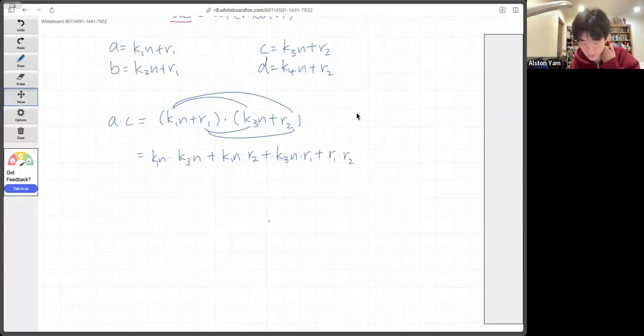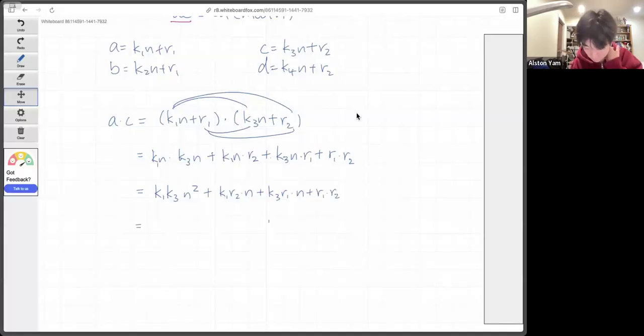That's just me expanding these brackets, and let's do a bit of tidying, which is equal to K1 K3 times n squared plus K1 R2 times n plus K3 R1 times n plus R1 times R2.